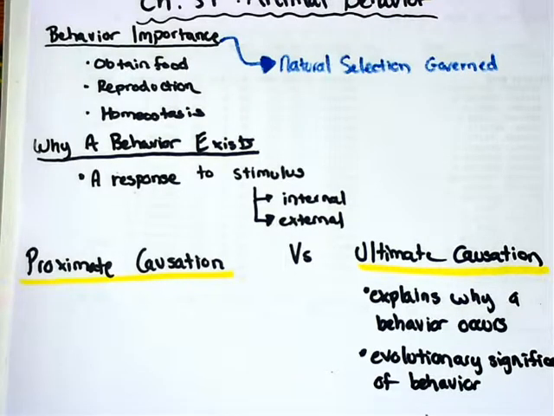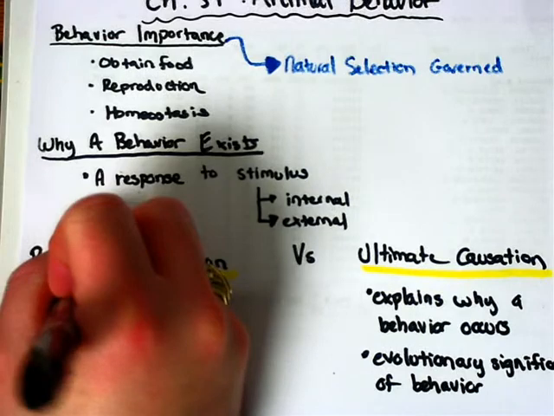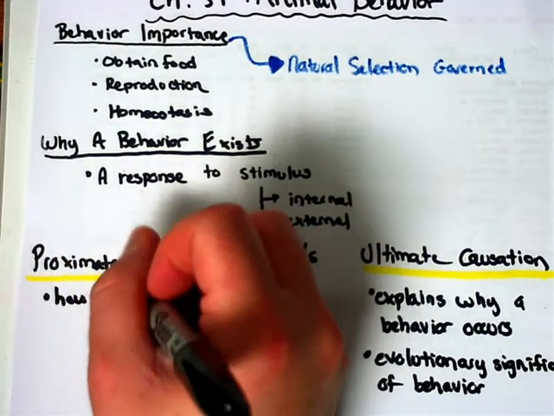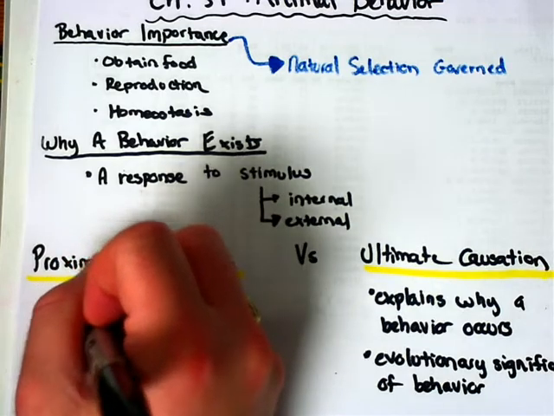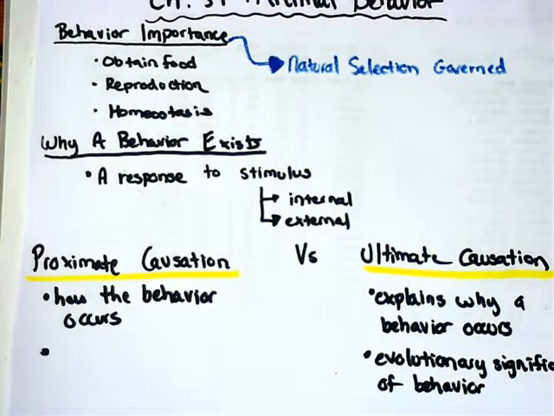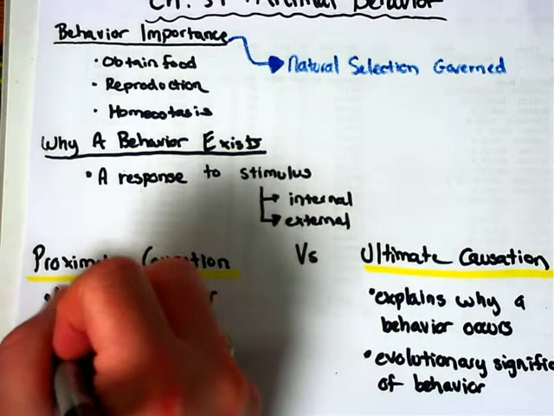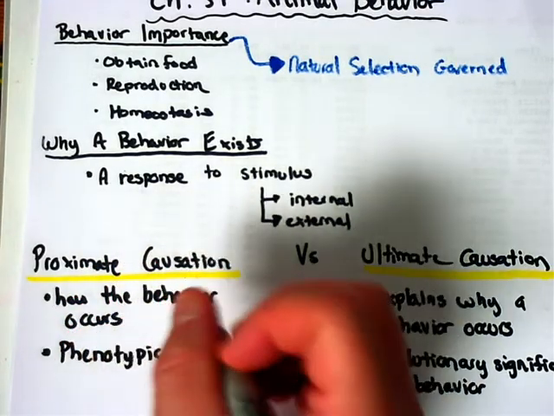Whereas proximate causation is going to be more of a description of how the behavior occurs. This would really be understanding any kind of phenotypic mechanism of how this works.